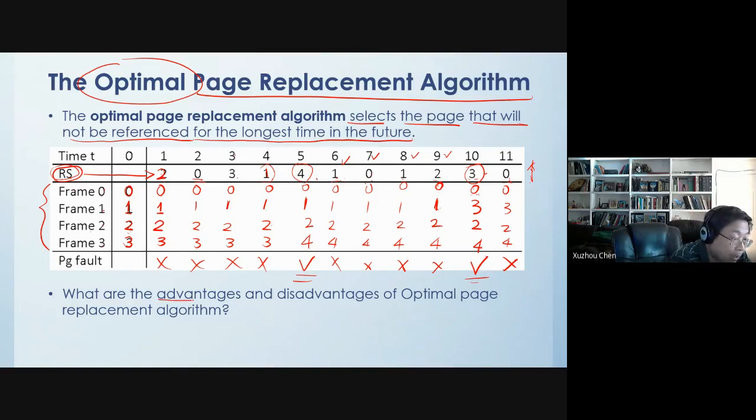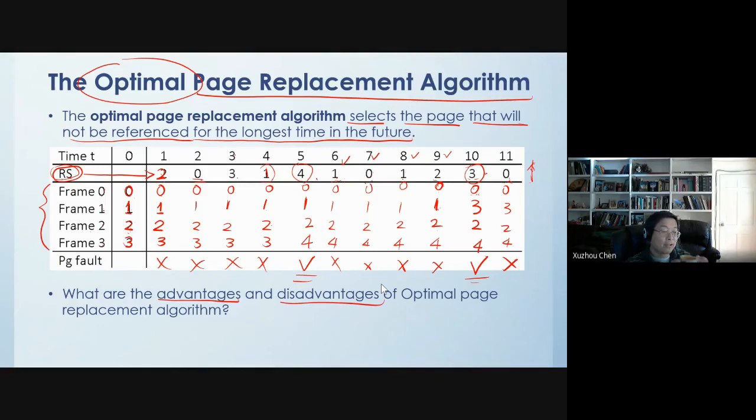Now let's discuss this. What are the advantages and disadvantages of the optimal page replacement algorithm? The advantage: it's optimal, right? The page faults are minimized, okay.